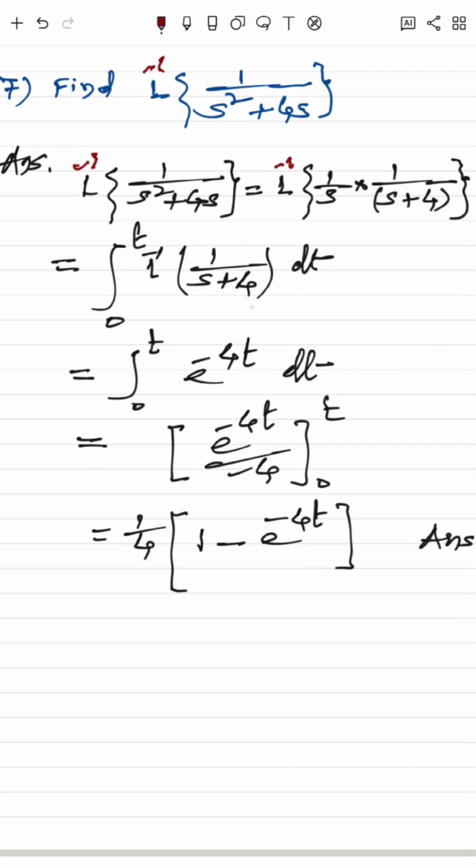Inverse of 1 upon s plus 4 is e raised to minus 4t, as per standard result, and then integrating it with respect to t, its integration is e raised to minus 4t by minus 4, limit from 0 to t. Taking 1 by 4 common, cancelling the minus sign by changing the limits, upper becomes 0, lower becomes t, e raised to 0 we get 1, minus e raised to minus 4t, as the required answer.